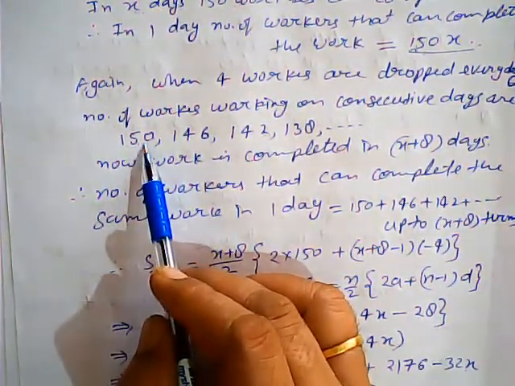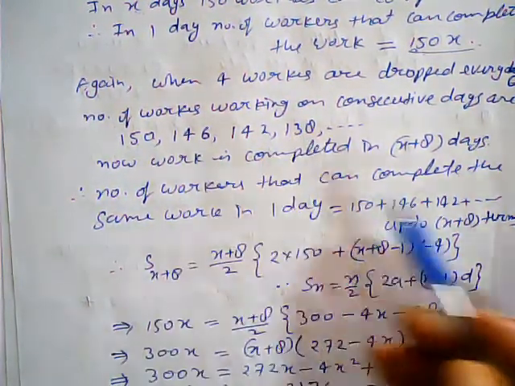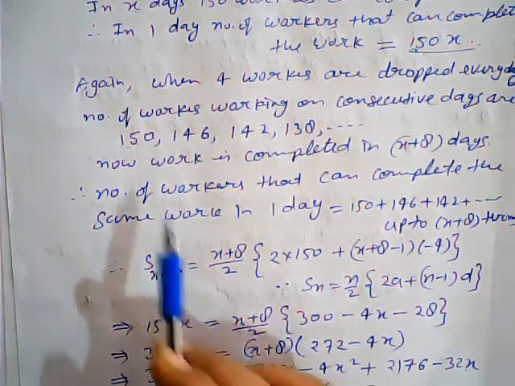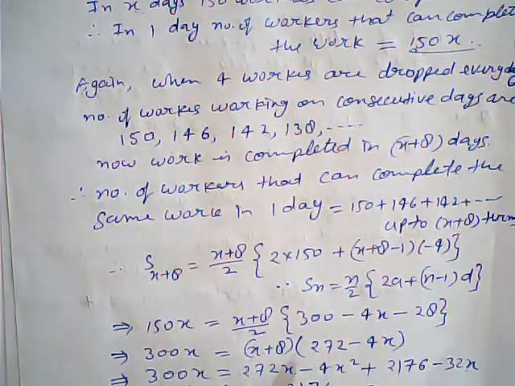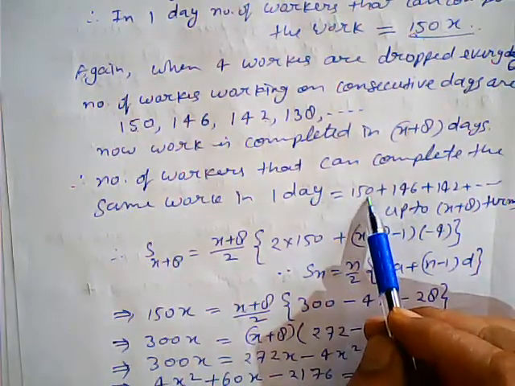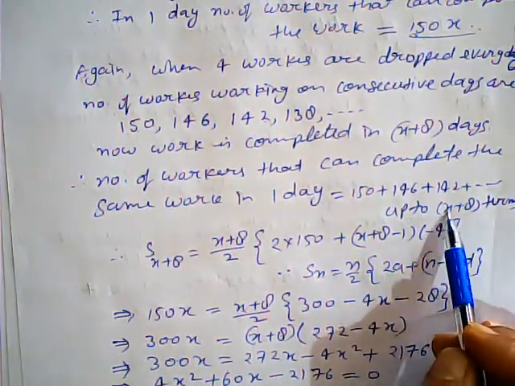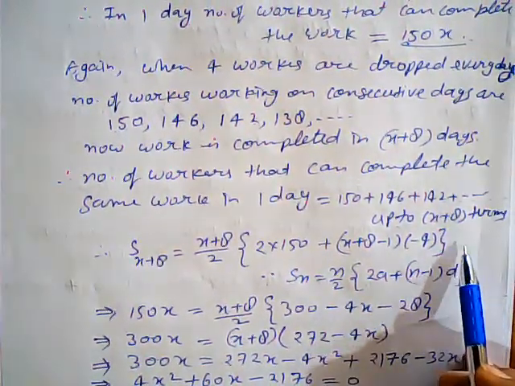So this is the number of workers which are working on the first day, second day, third day, fourth day. And if we want to complete the work in one day, then we need to call all the workers on the same day. It means the total number of workers will be 150 plus 146 plus 142 and so on up to the x plus 8 term, because in this procedure 8 more days are required.